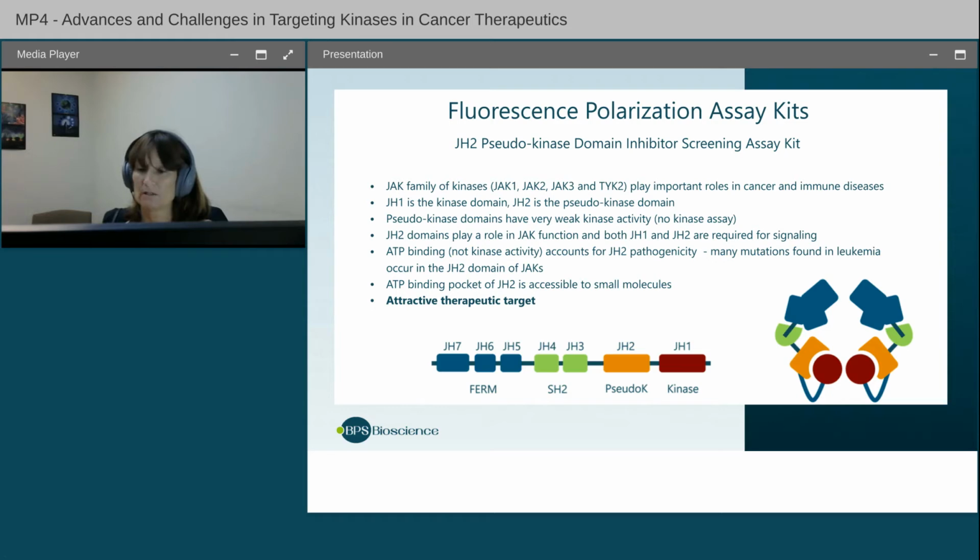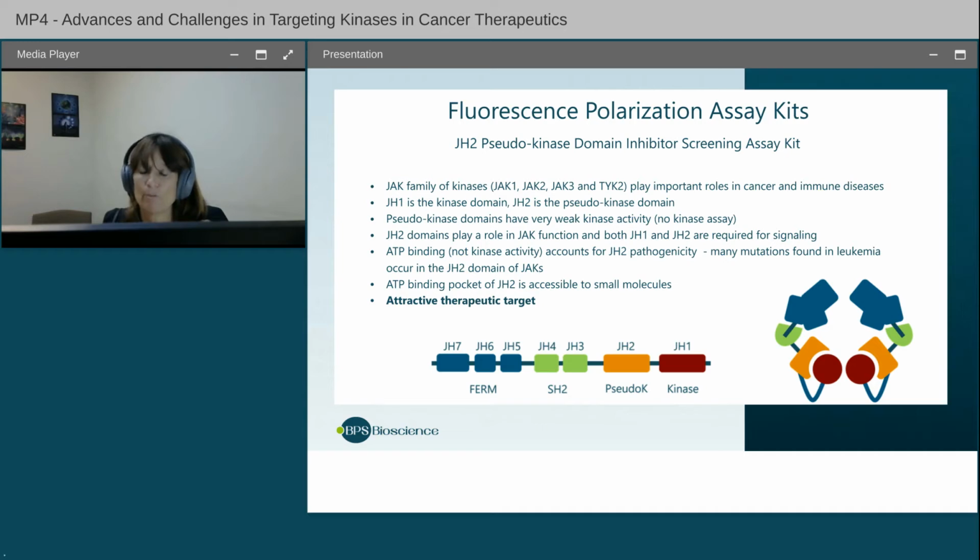What you'll see is that the JH1 domain and the JH2 domain interact with each other very closely. The pseudokinase domain has very weak kinase activity, and so you can't really measure its activity using a kinase assay.